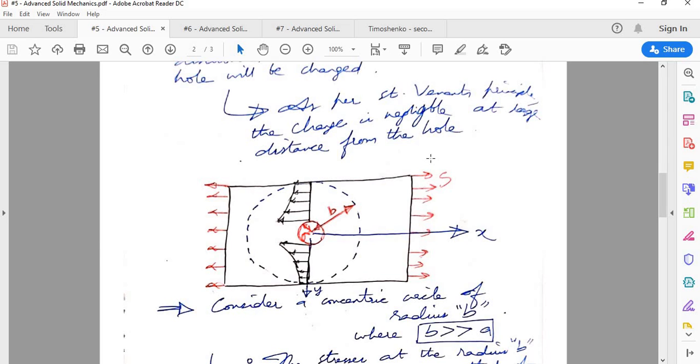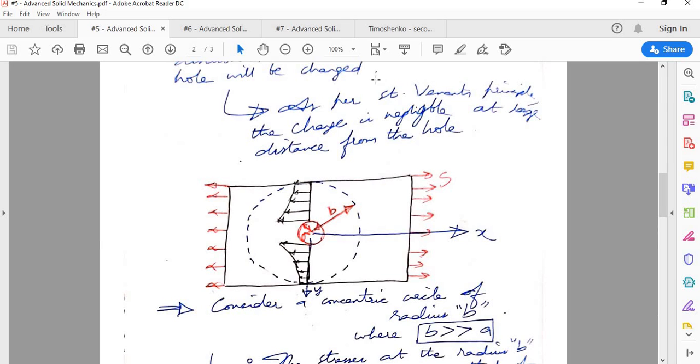Now this particular principle actually started from a different aspect, like, when you have a beam subjected to a point load, at the locations close to the point load you will have high stress, right? But at distances far away, you will have stresses which are uniform.